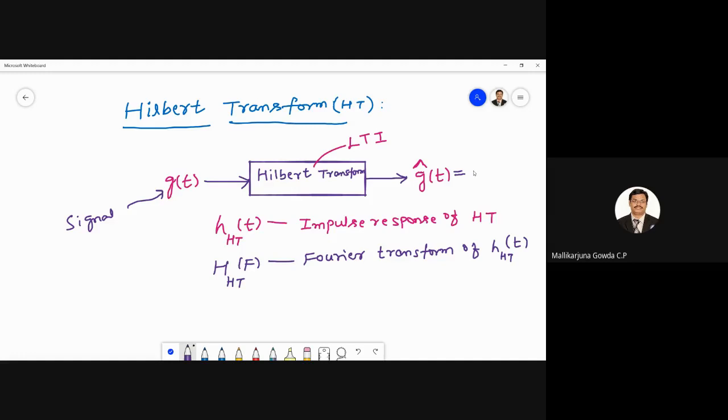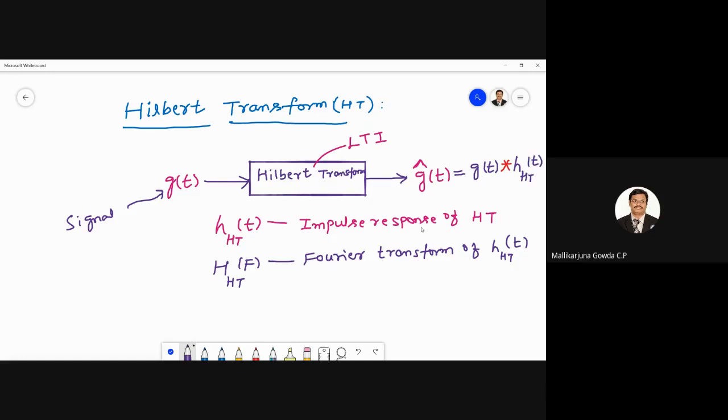Anyone can say what I can write? It will be the convolution of the input signal and the impulse response of the system. So I will be able to write g of t convolved with the impulse response of the Hilbert transform.